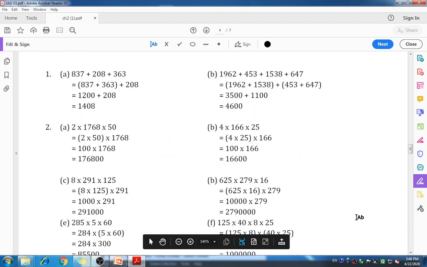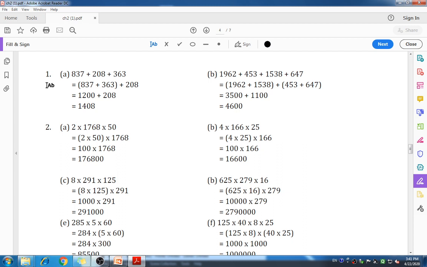Look here carefully. The first sum in question 1: we have to find the sum by suitable rearrangement. That means we have to make suitable groups so we can find the sum easily. Look at the first example, 837 plus 208 plus 363. If we consider the unit place values, that is 7, 8 and 3, adding 7 and 3 we get 10. If there is 0 at the unit place, it will be easy for addition.